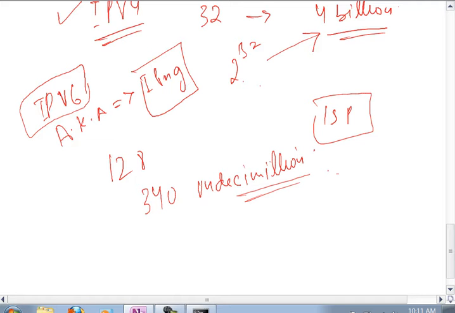That means we have huge numbers of IP addresses, enough to give everybody in the world one IP address. When the internet was developed, we never had an idea that everybody would be using the internet like this. Now the internet is growing and everybody is on it. One day every human being will be using the internet, and every human being will have one IP address.